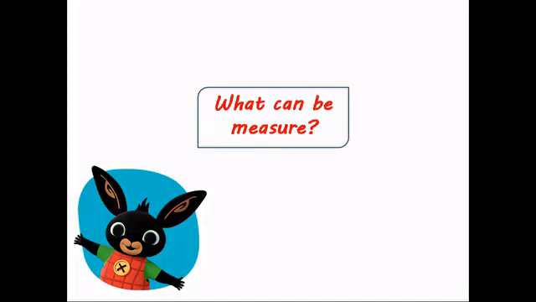Alright guys, so let's see this. What can be measured? There are a lot of things that can be measured in this world. So these are some examples. For example, number one is height, which is tinggi. You can measure the height and you can get the measurement of height. Next one is weight.